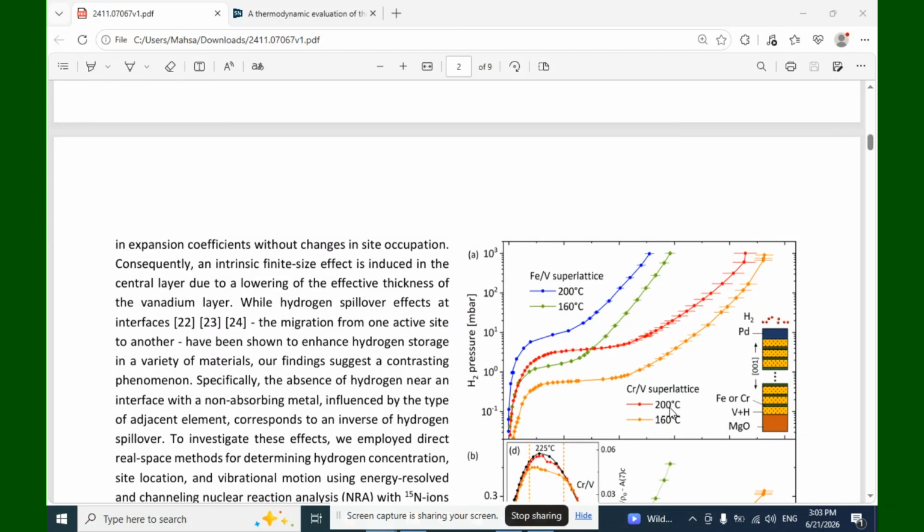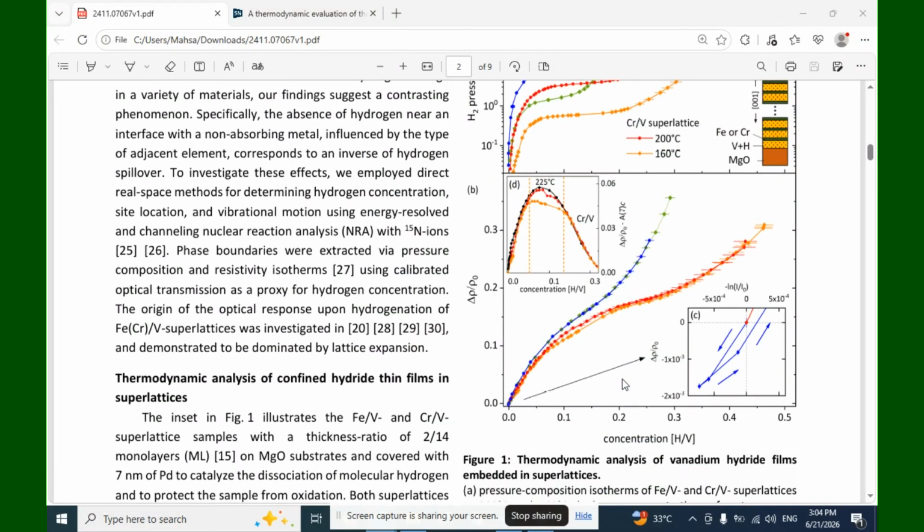Red is 200 degrees Celsius, and the yellow line is 160 degrees Celsius. You see that near the chrome we have less pressure of hydrogen in millibar.